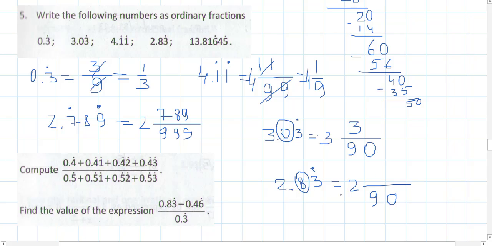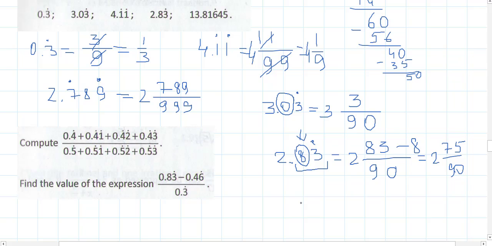And now 48, we will take these two together, it is 48, and subtract this part. So it is just 8. So now the answer is 290, and we have here 75. We can cancel them.